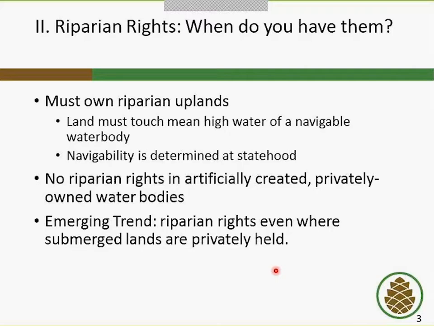I'm just going to interject here. Where you're going to run into problems with clients who desire to build a dock on an artificially created water body is where, if you look at the plat that their property is located on, the canal is not shown on the plat.